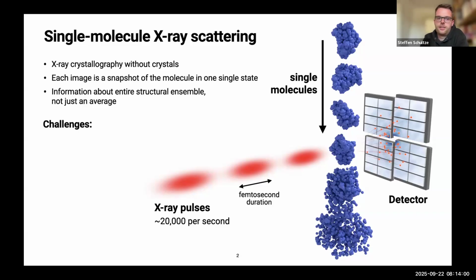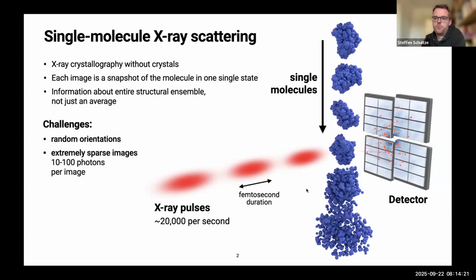The trade-off, of course, is that one has to deal with quite bad data quality. First, one has a randomly oriented molecule at each time of scattering. And second, one has extremely sparse images. Even with the brightest XFELs available right now, for a typical small protein, one observes something like 10 to 100 photons per image.